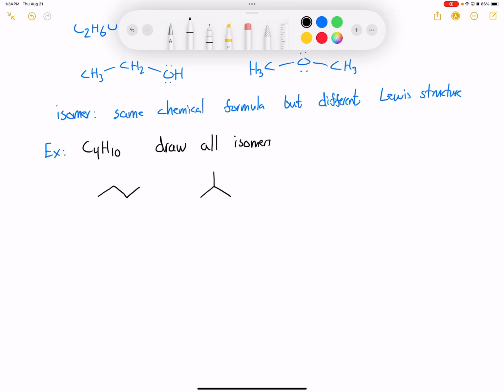Okay, now we're going to spend some time talking about acids and bases. This is an important section. It's mainly review, but it's important because in chemical reactions, you have to consider acid-base properties.